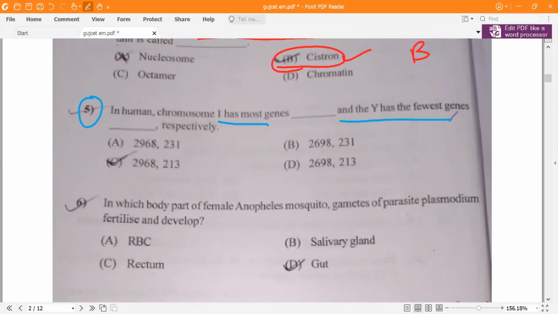It is from the Human Genome Project, beta. 2968 and 231. Why is the fewest? One has the most genes, that is 2968, and it has the minimum genes, that is 231. So A is correct.